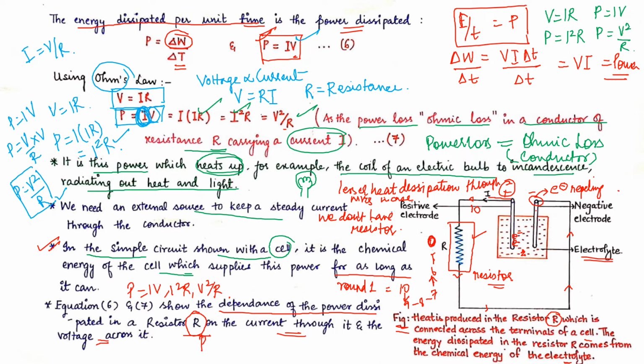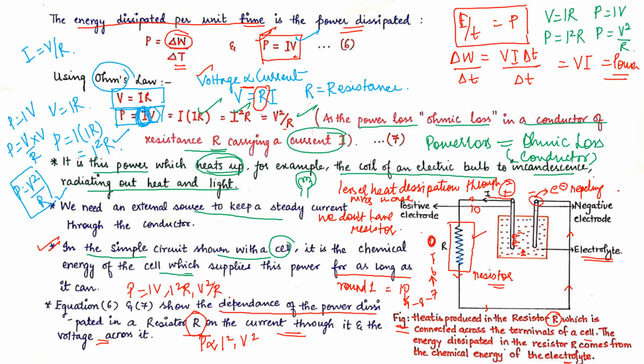Power dissipated is actually proportional to I square and V square, because from Ohm's law, voltage is proportional to current. I want to make sure that you all remember R is not a factor, but it is a proportionality constant. If R is removed, then power is directly proportional to I square and V square.